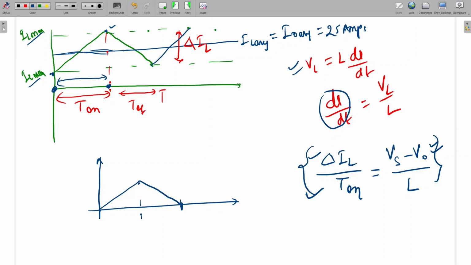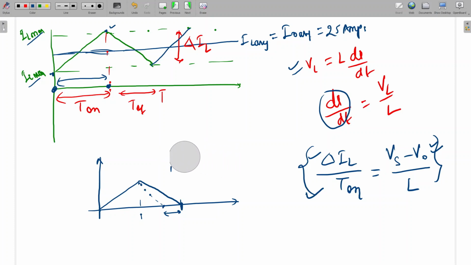If it is discharging before this point, then it is called discontinuous, meaning from here to here the inductor current will be zero. But in continuous conduction mode, it will stay up only. It will start charging like this from the start and settle to some maximum and minimum. So this is the case for continuous conduction.